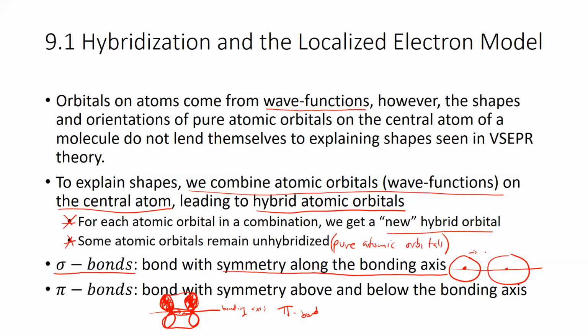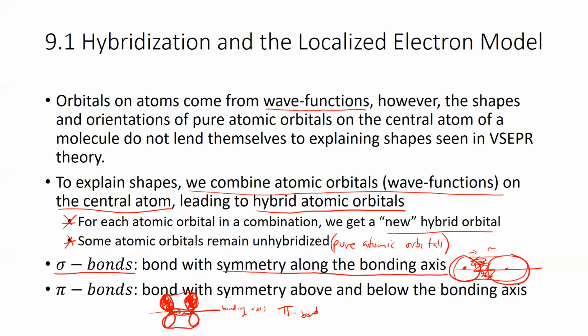As those two orbitals come together, you can get orbital overlap along that bonding axis, and your shared pair of electrons would be right in the middle here, as they come together. And we've seen that a little bit as a bonding motif for the localized electron model, but when we've dealt with the localized electron model, we've just assumed that we had these essentially sigma bonds where the symmetry is entirely along the bonding axis.